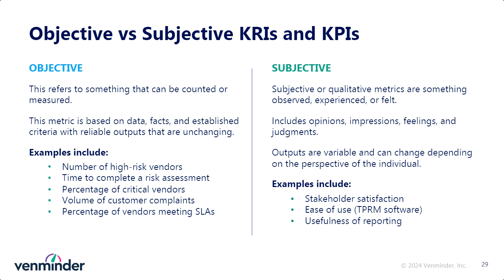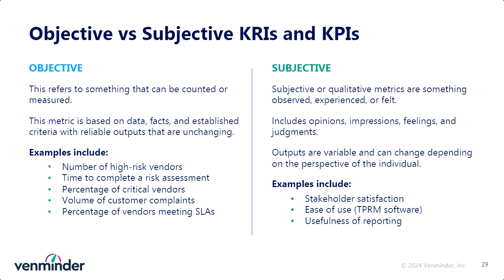Subjective ones are qualitative, or something that's observed or experienced or felt, includes opinions and expressions, and some examples might include stakeholder satisfaction, maybe ease of use, usefulness of reporting, but they don't have the quantitative numbers behind them.